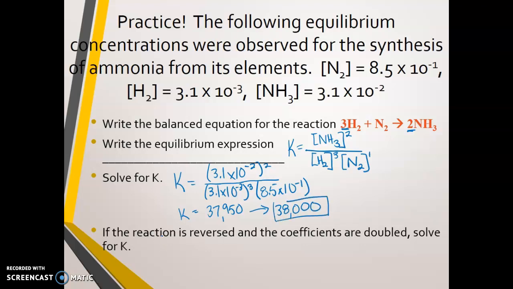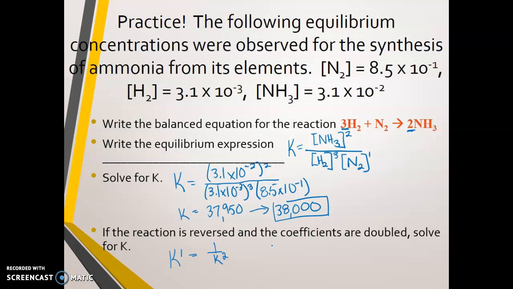Now, if the reaction is reversed and the coefficients are doubled, that would be K prime. So that's going to be 1 over K, and then we need to square it because we're doubling it as well.